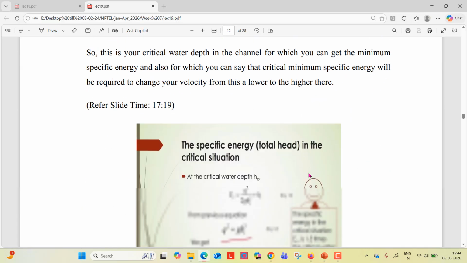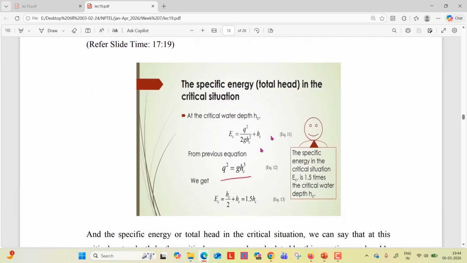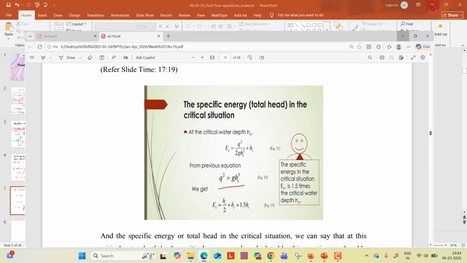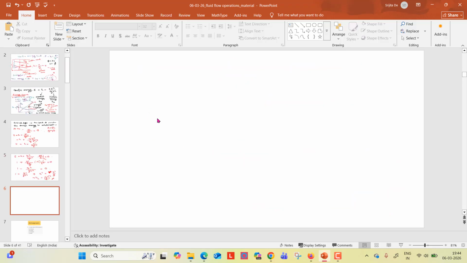Okay, so here we have found the expression of critical depth, and similarly from critical depth, if we put the value of Hc, we will find the critical specific energy. So Ec will be Hc plus Q square by 2G Hc square, right?